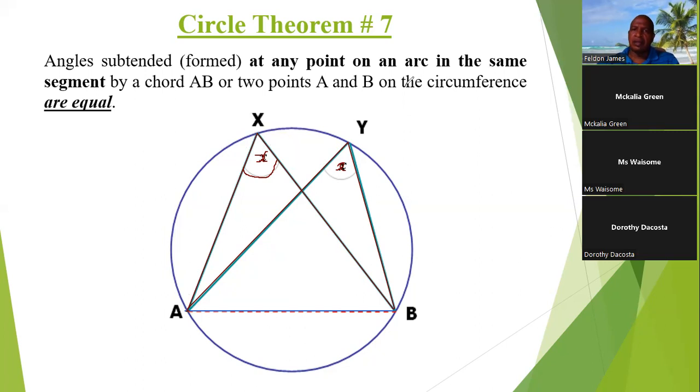Now, to give a little bit more clarity to what I'm saying, suppose instead I form an angle now from A, and I form an angle here, and I form from A to B, and I start again from A, I form an angle from A to B again.